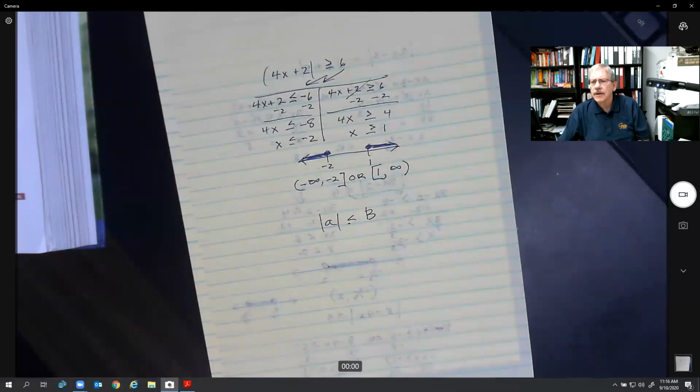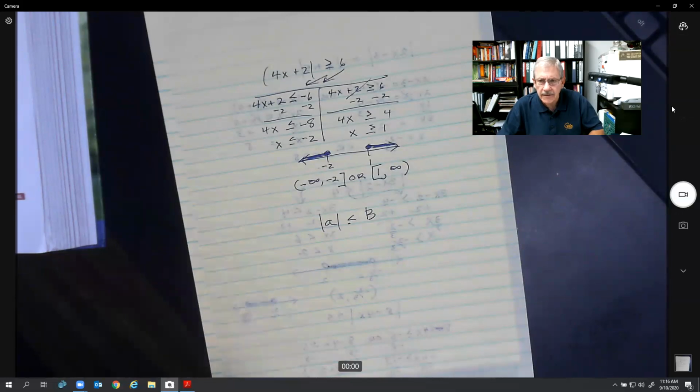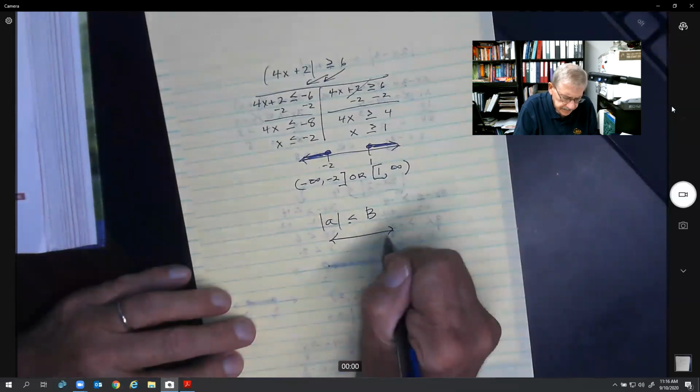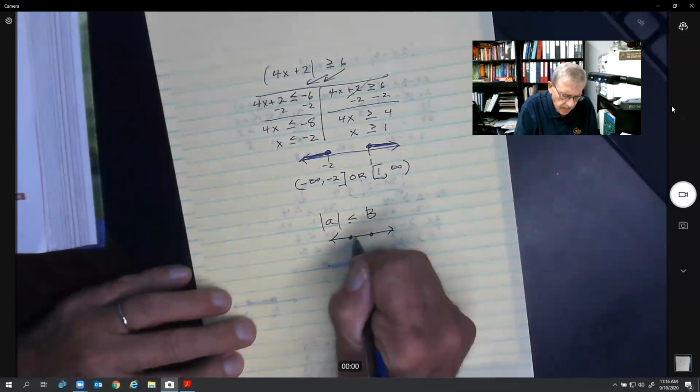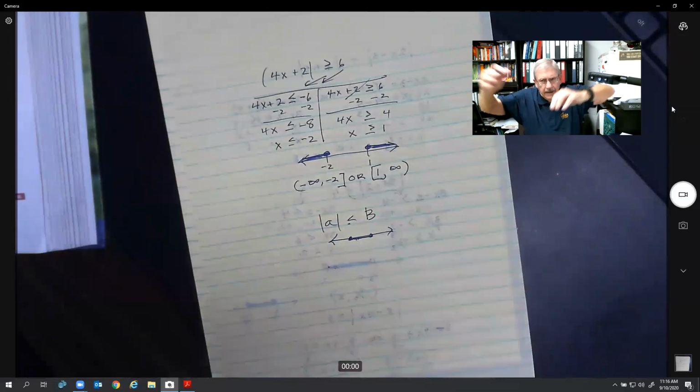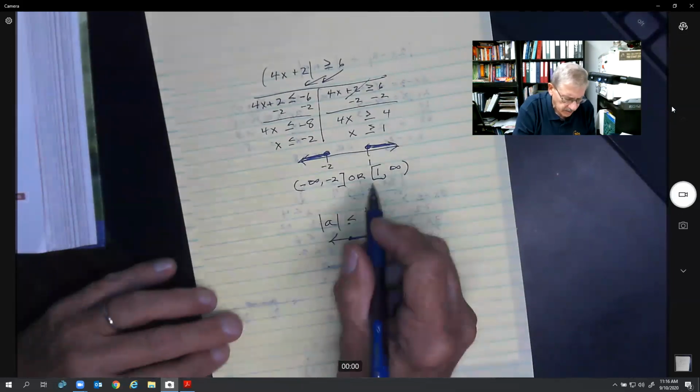Move it over a little bit. There you go. Okay. If it's less than, it's like cold. It's always between. It's going to look like this. Cold. And if it's greater than, it's always like, I'm stretching out. And that always holds up on these.